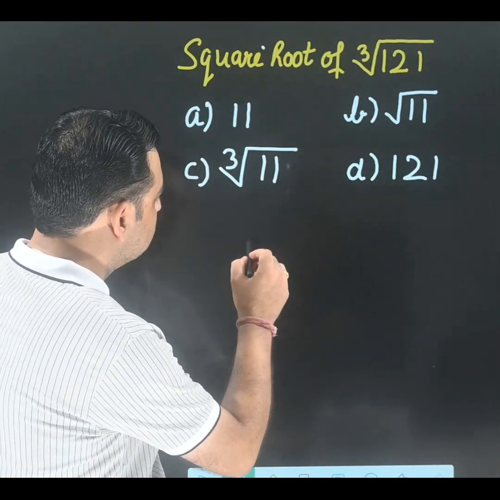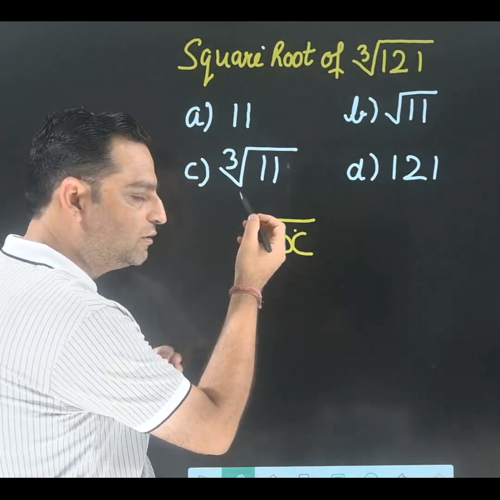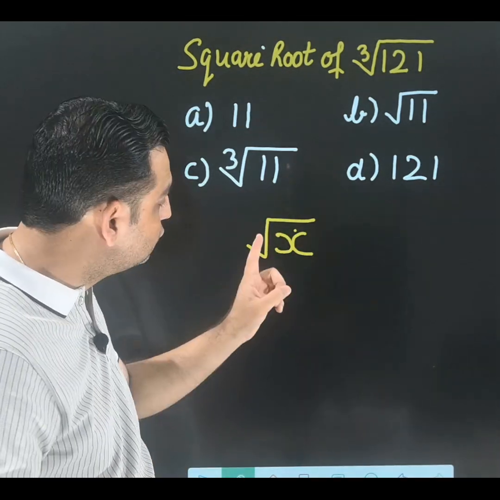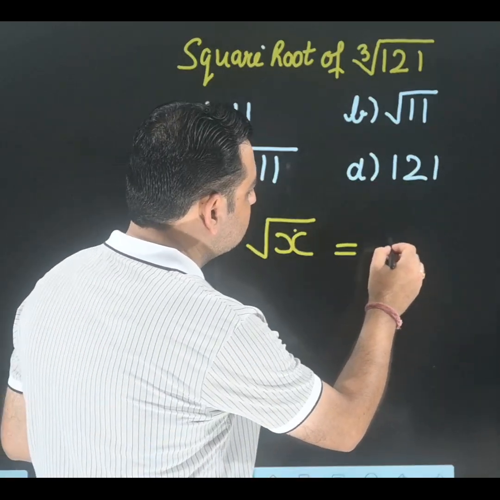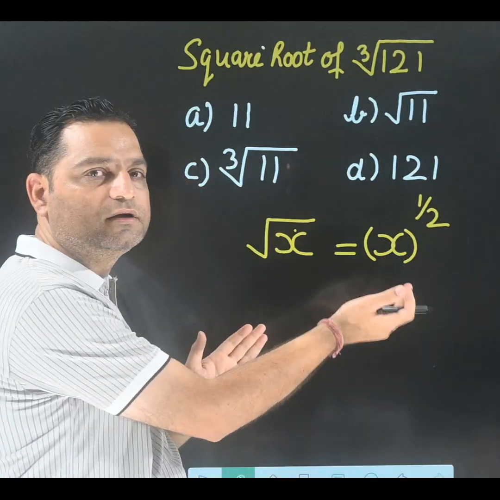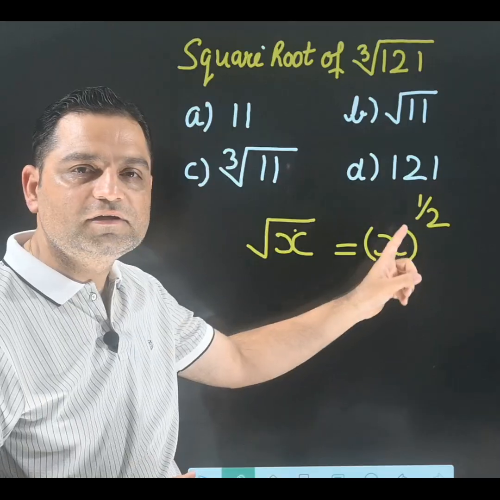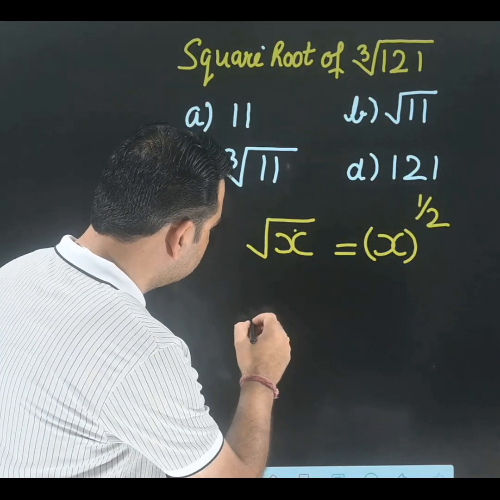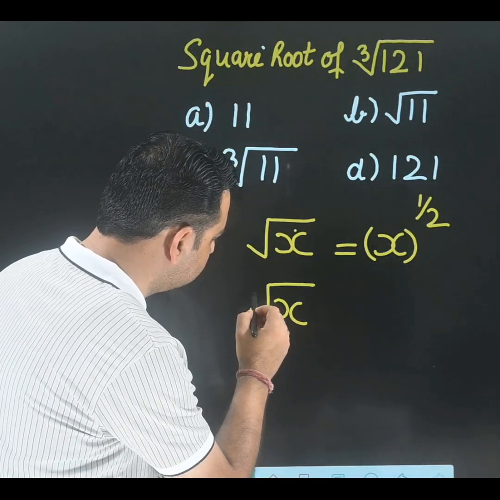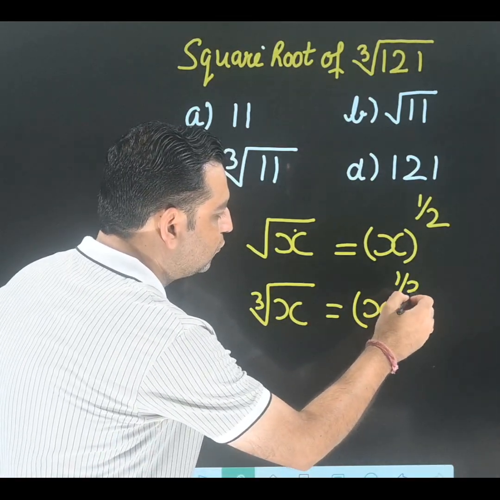First of all, we should know that, let's suppose you have square root of x. I'm just taking a general value. Square root of x can be written as x to the power 1 over 2 if we want to write in terms of exponents. If we have cube root, it can be written as x to the power 1 over 3.